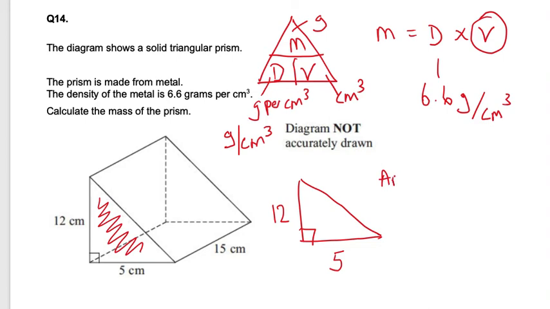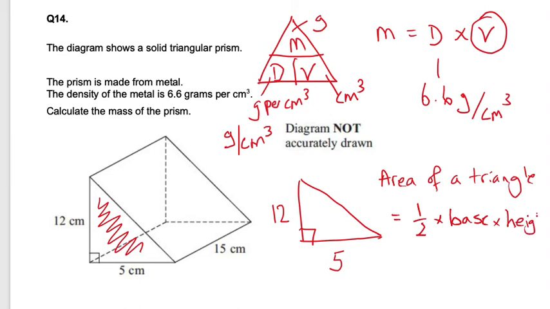The formula, area of a triangle, equals half multiplied by base, which is the 5, multiplied by vertical height. It's not slopey height, it is vertical height. We don't have to worry because it's the same thing in this case, because we've got a right angle. But some questions are a bit nasty and give you both.